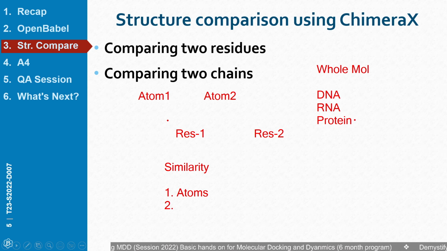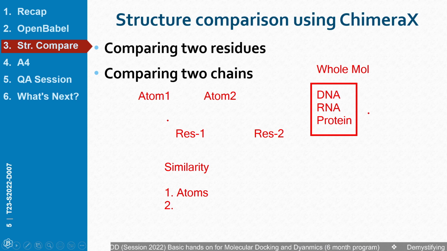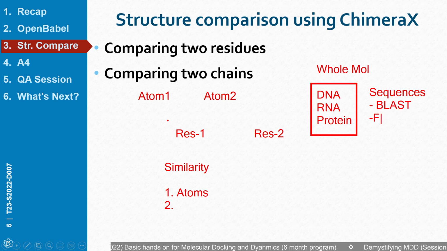For DNA, RNA and protein comparison we need to know their sequences. First we can make a comparison based on their sequences, and for sequence comparison you might know about BLAST or FASTA, alignment type tools.